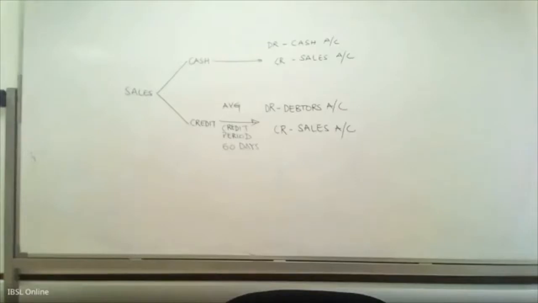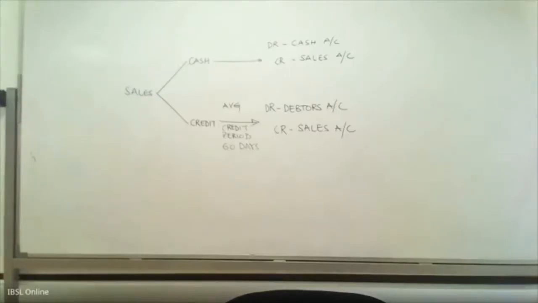Now within these 60 days, anything can happen. Say for example, you have sold goods to one person on a credit basis and you have given a credit period of 60 days.